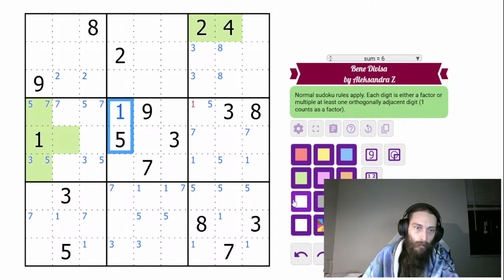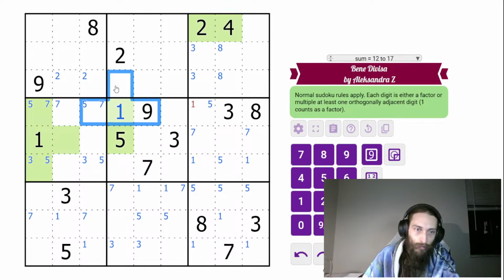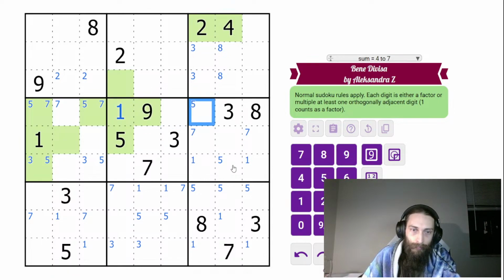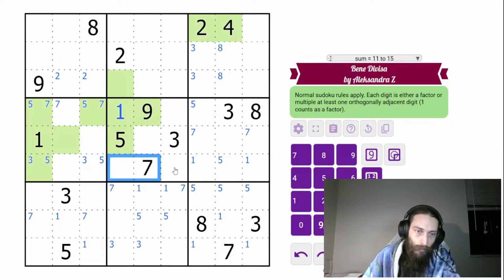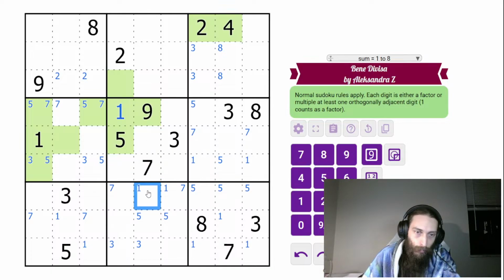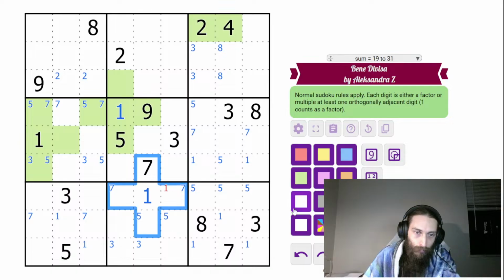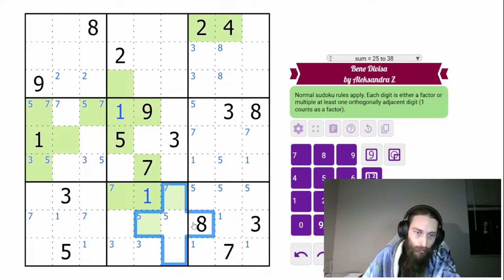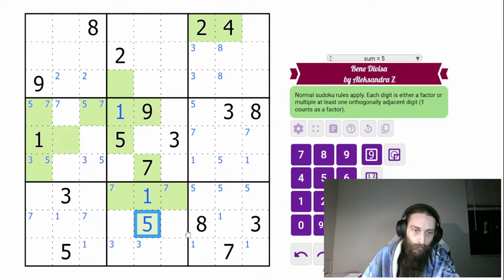That gives us a 1, and it makes those good. It also makes those good, whatever they are. Now, this 7 can't have a 1 to its left, its right, or its top, so it must be the 1 below it. And now this 5 doesn't work, so that's a 5.